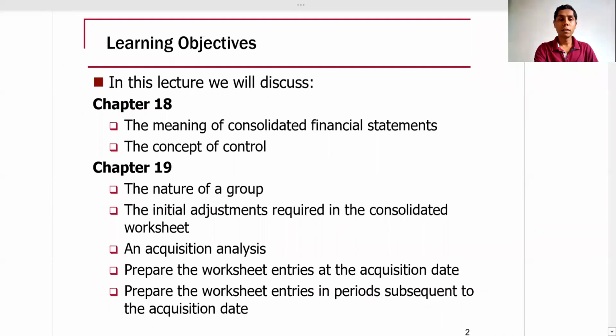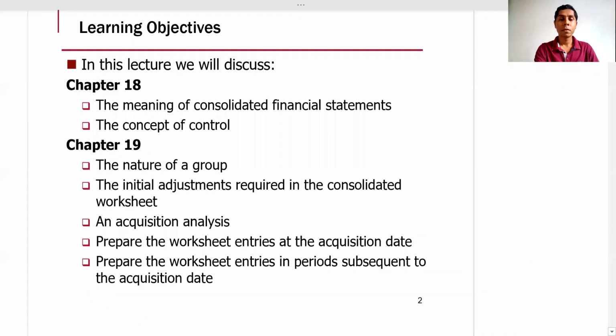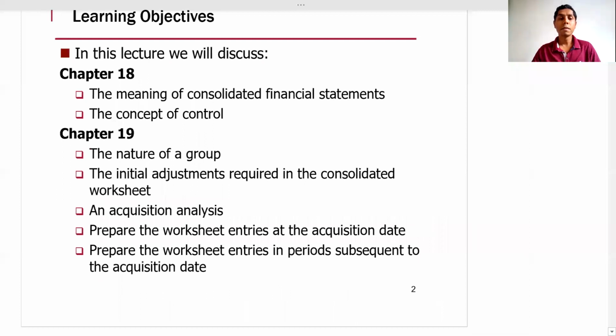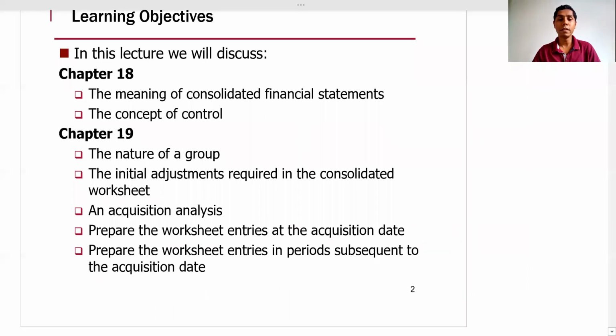If I come to the learning objectives, in chapter number 18 we will be discussing the meaning of consolidated financial statements and the concept of control. What is meant by control? Chapter number 19 deals with the nature of a group, the initial adjustments required in the consolidated worksheet, and acquisition analysis.